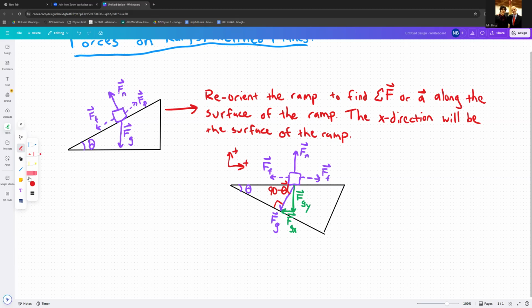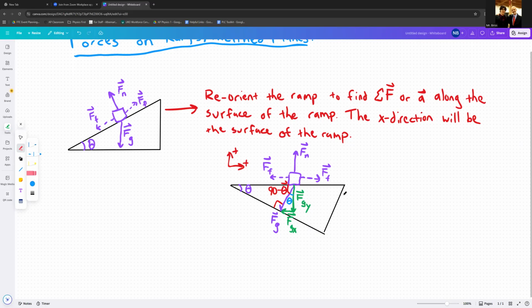That means that this angle right here, I'm going to sneak it in there. There's the blue angle. That must be theta. I'm going to make that a little bit bigger. Okay, so the blue angle that I've drawn is theta because, let's kind of talk through it.